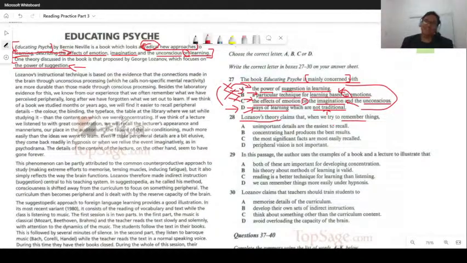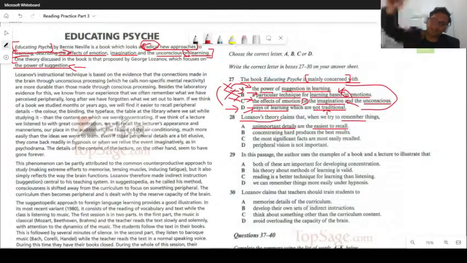Unimportant details that are easier to recall. So unimportant details, that's a good keyword to highlight. Easiest to recall. And remember, because we learned that in the previous question, the keyword has to be explicit and connecting. Concentrating hard produces best result.